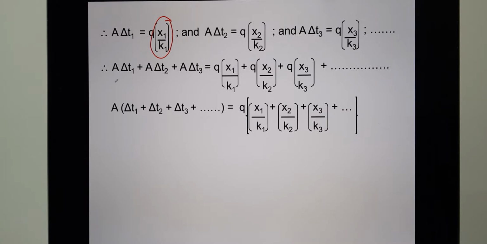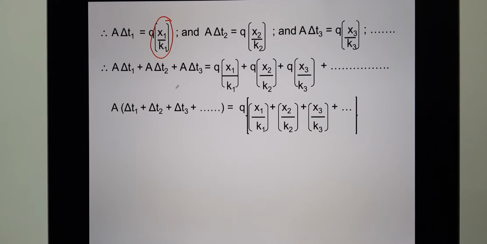Since we are going to look for the heat transfer through series, meaning that they have several materials, when you sum these, A delta T1 plus A delta T2 plus A delta T3 equals to Q x1 over k1 plus Q x2 over k2 plus Q x3 over k3, depending on how many materials that we are going to deal with.